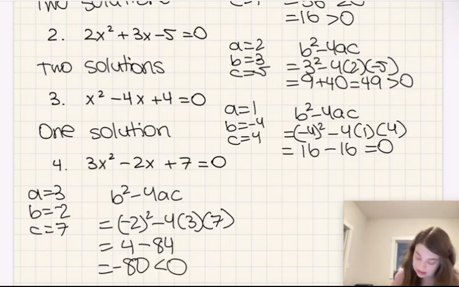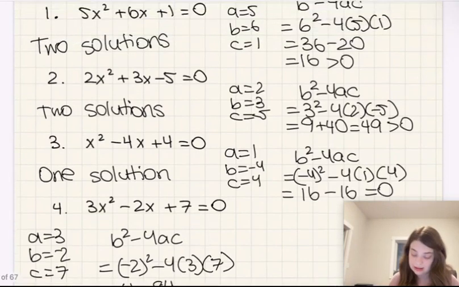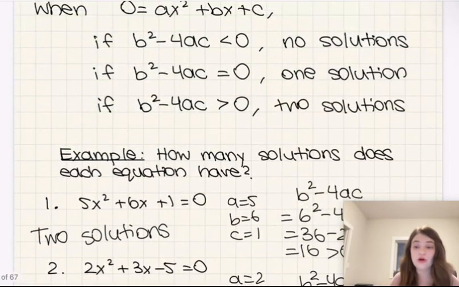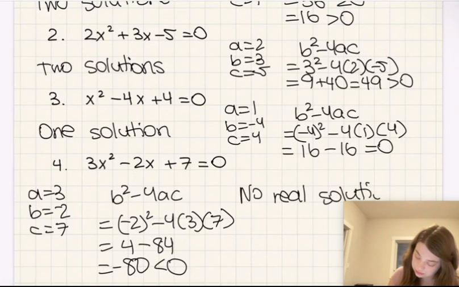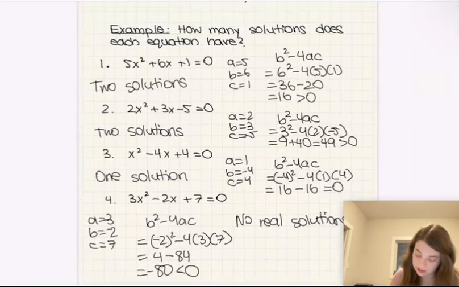And negative 80 is less than 0. When b squared minus 4ac is less than 0, that means there are no real solutions. So the answer for this one is no real solutions. And there we go.